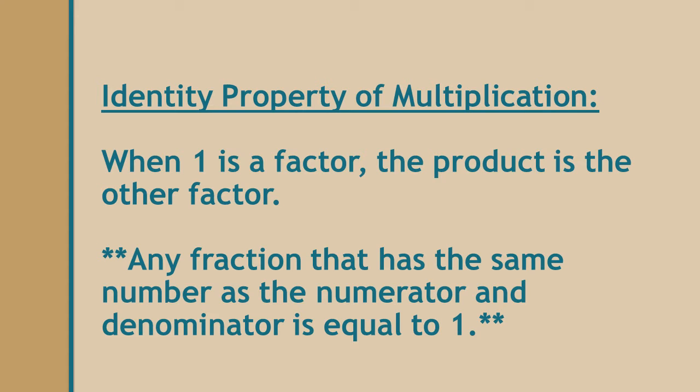And the identity property of multiplication says that when one is a factor in a multiplication equation, then the product or the answer is the other factor. So for instance, if we said 3 times 1 equals 3, that is an example of the identity property of multiplication. 3 is one of the factors, 1 is another factor, and the product is 3.